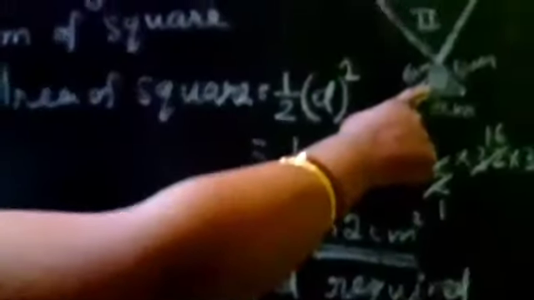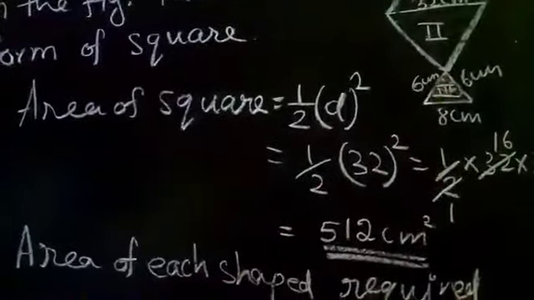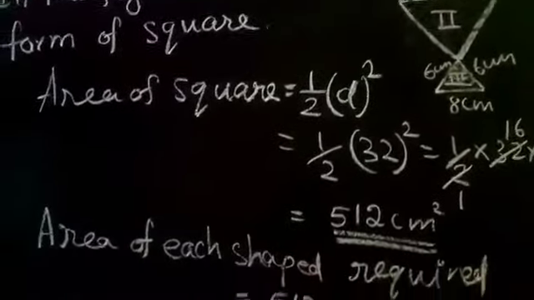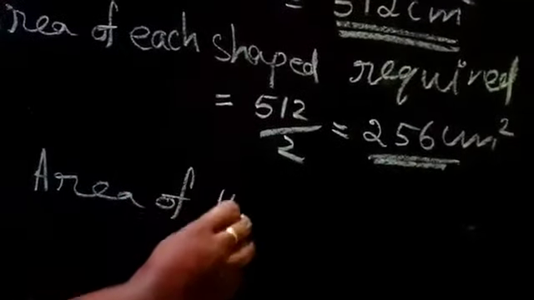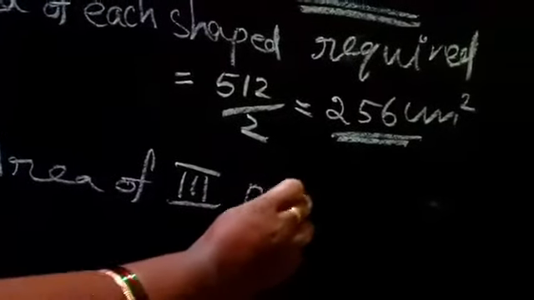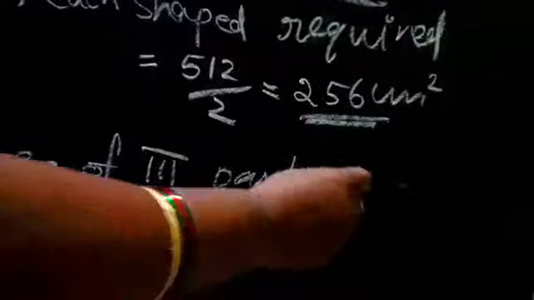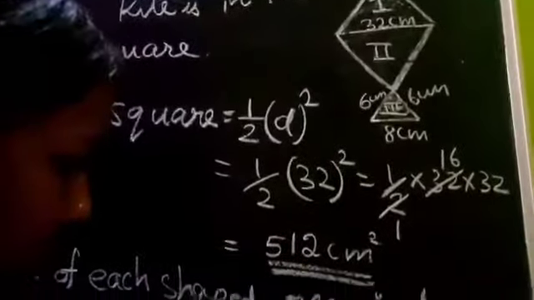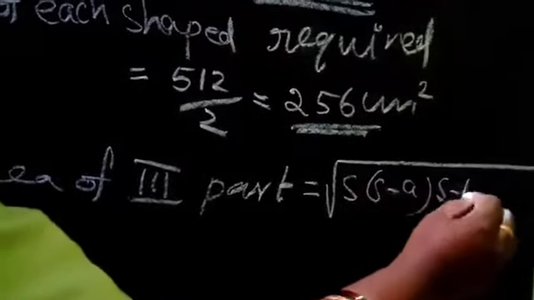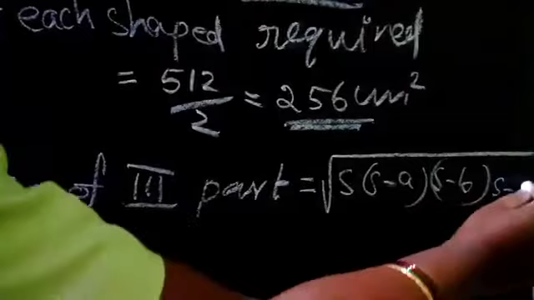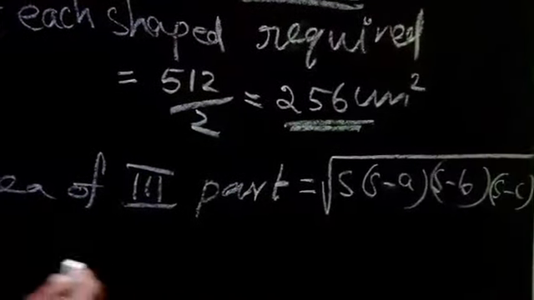Then we have to find the third part. The third part is the isosceles triangle. So now area of the third part. We have three sides. So what is the formula for this? Square root of S into S minus A, S minus B and S minus C. What is S here?